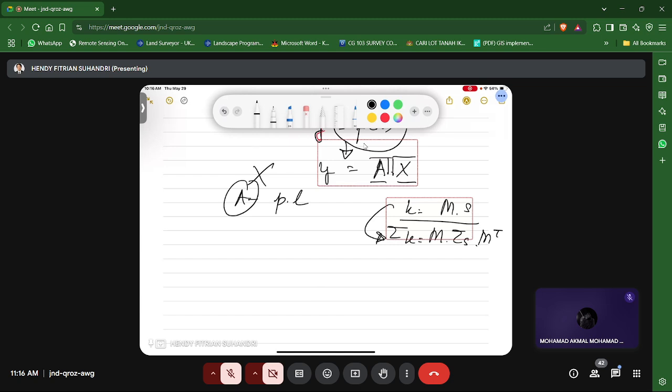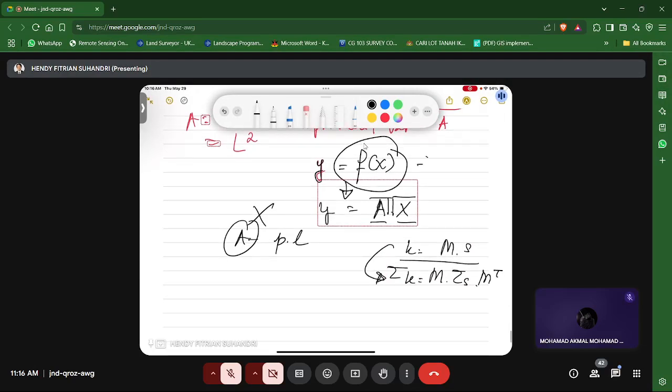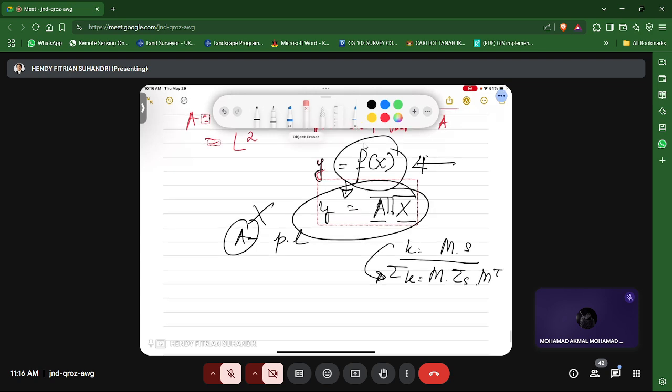But in reality here, what do we have? We have still this equation. So we have to linearize, or to build this equation, as the variable.